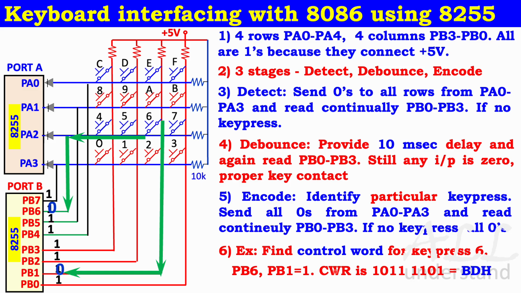This is the entire operation for a key press, and any key can be calculated. You can do all the examples like this and write down the entire key press operations and their control words. So this is the entire operation of keyboard interfacing with 8086 using 8255.